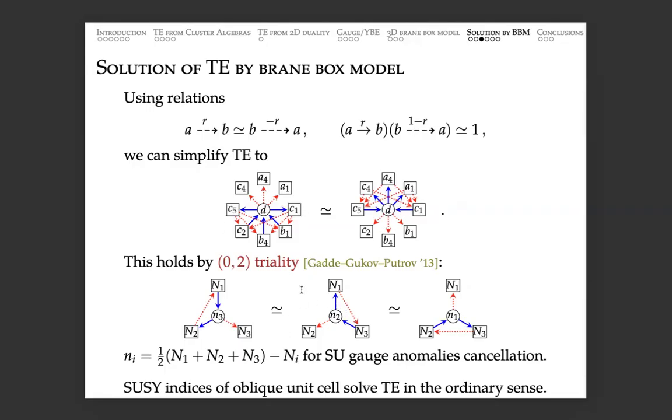There's another theory which is further equivalent to these two theories, which I'm not showing here. So amazingly, this unit cell theory does solve the tetrahedron equation.